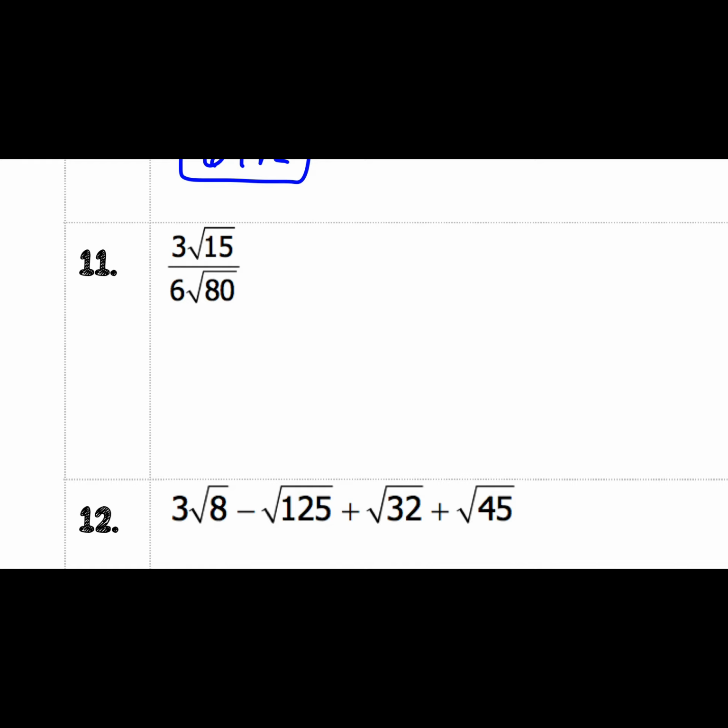Okay. For this one, there's a couple things I would do first. I'd want to simplify both of the fractions here. So I know 3, 6, those can both be divisible by 3. So I'm going to write that as 1/2. And then when I'm thinking about 15 over 80, I know both of these are divisible by 5.